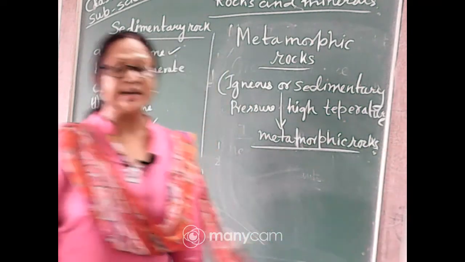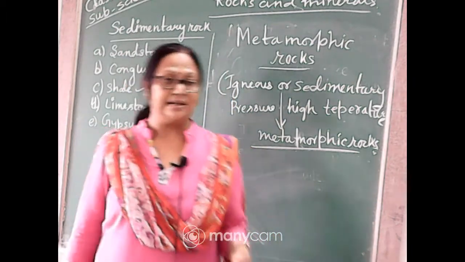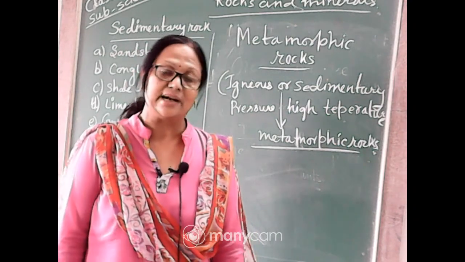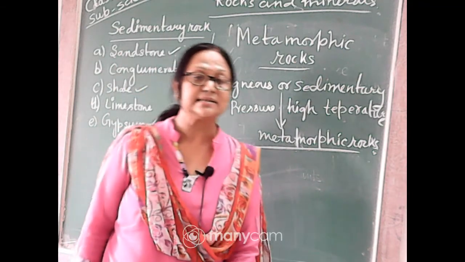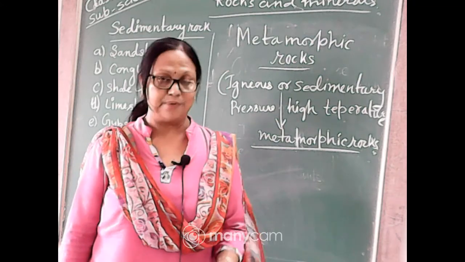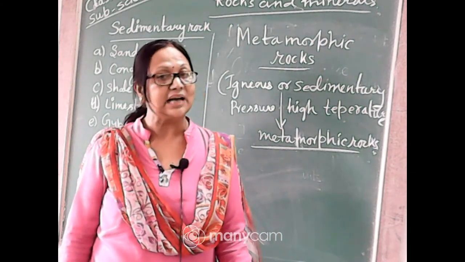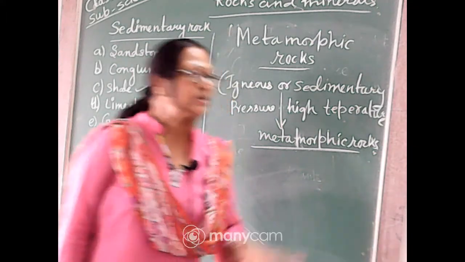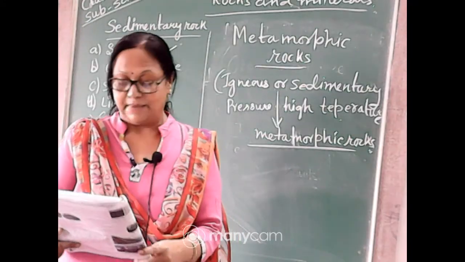So metamorphic rock is not originally a type of rock; it is modified from igneous rock or sedimentary rocks due to high pressure and temperature. They change their chemical composition, sometimes their texture and color, and make a different type of rock that is chemically different. They behave like a different kind of rock, and these types of rocks are called metamorphic rock. Understood? Up till now we have completed metamorphic rock.